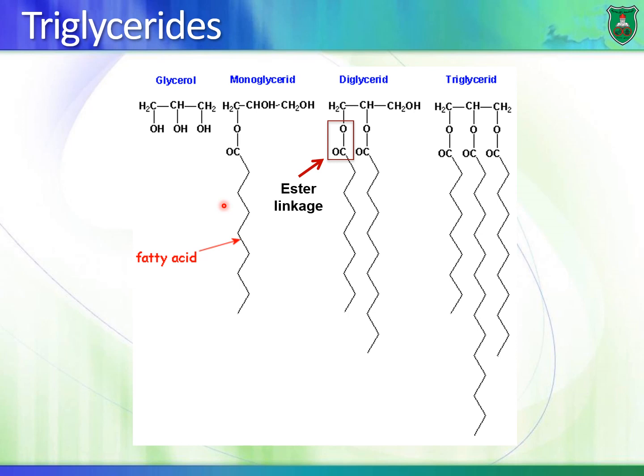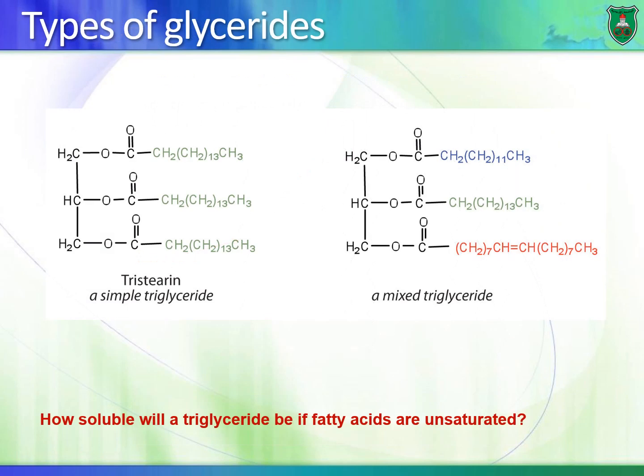triacylglycerol. Now the thing is, you can have three of the same fatty acids attached or different. So you can have combinations. If you have the same fatty acid attached to the glycerol, then it's known as a simple triacylglycerol. Otherwise, it would be called a mixed triacylglycerol.